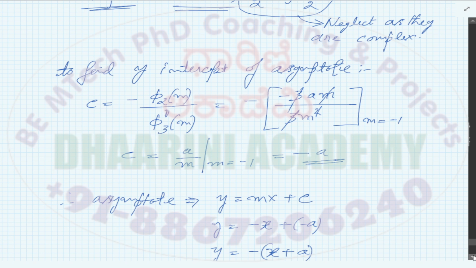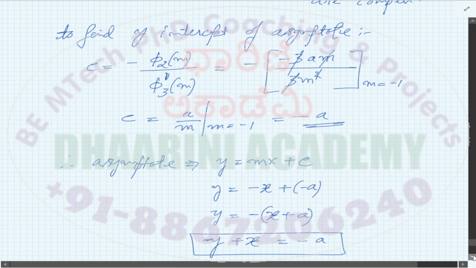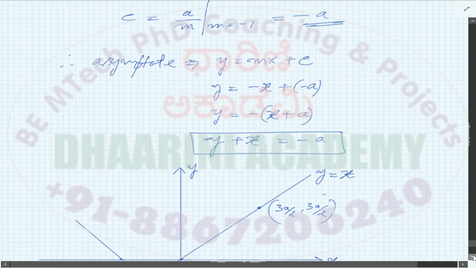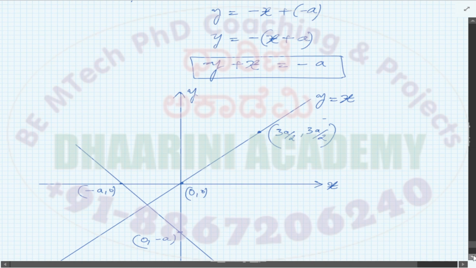Now you substitute the value of m as -1, because we have already calculated it. When you simplify that, the y-intercept c becomes equal to -a. We know the standard equation of a straight line is y equal to mx plus c. Substituting the values, we get the equation y plus x equal to -a.